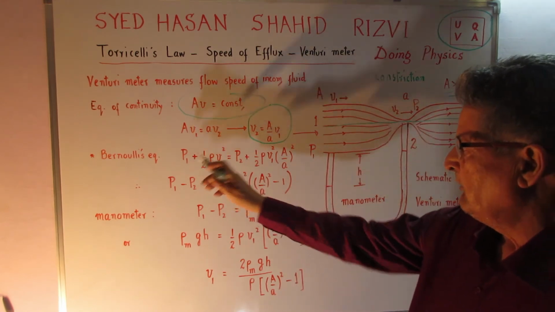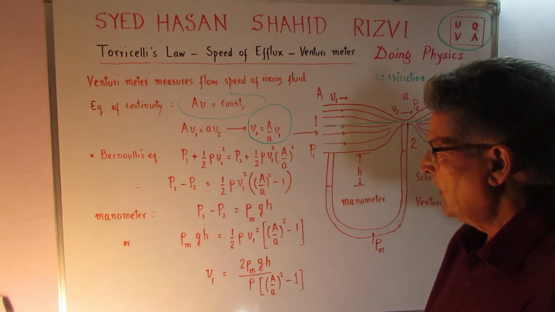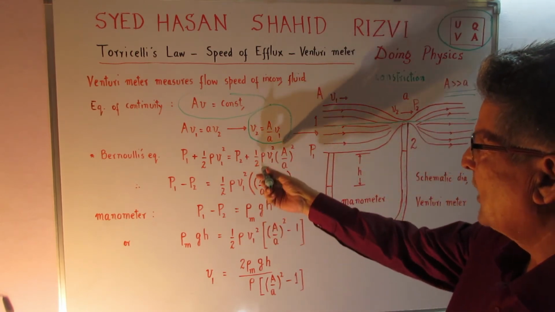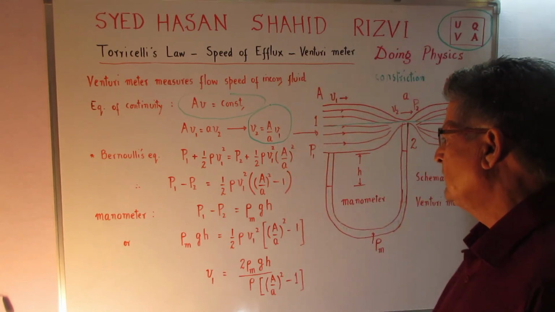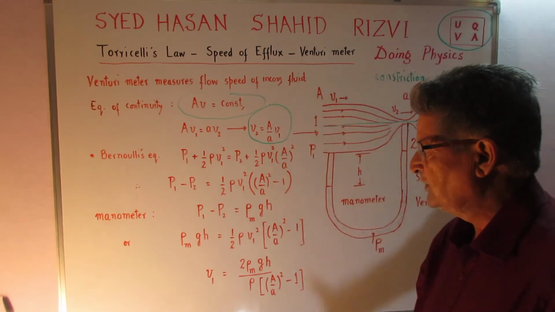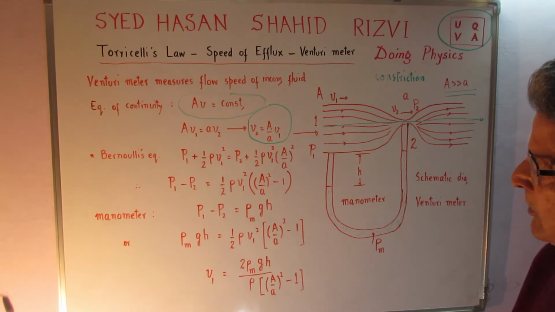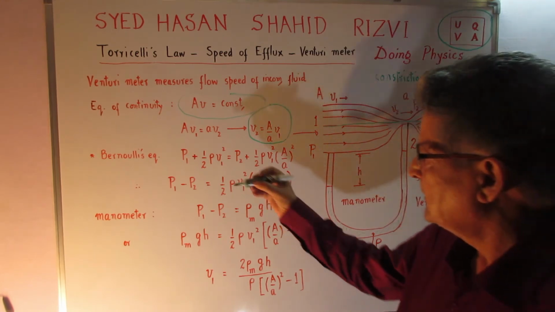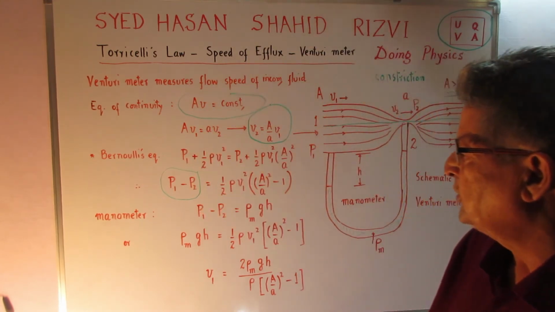So I can write from Bernoulli's equation P1 plus half rho V1 square is equal to P2 plus half rho V1 square into A upon a, this whole square, substituting the value of V2 as V1 into A upon a. So therefore I can now write the equation P1 minus P2 is equal to this.